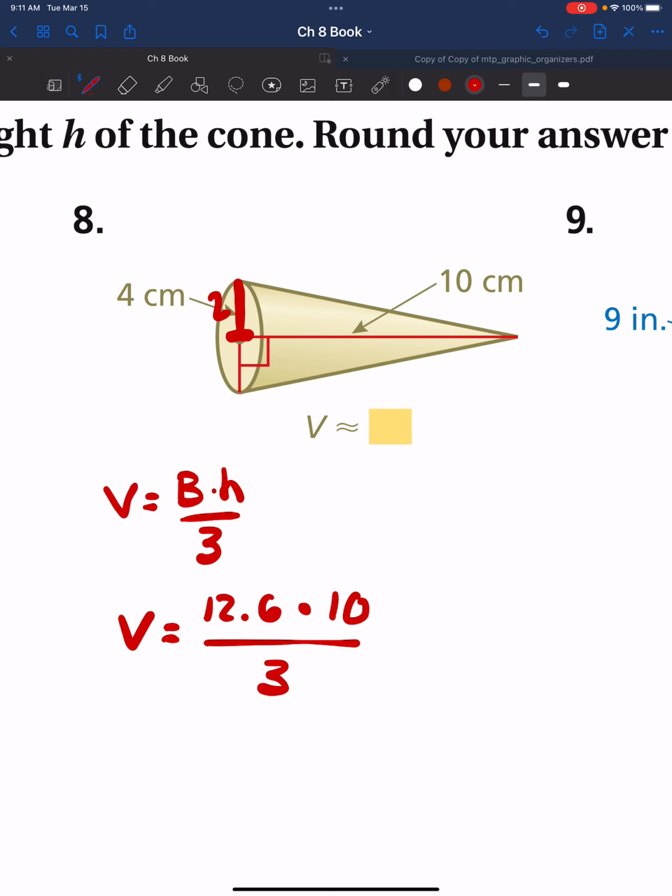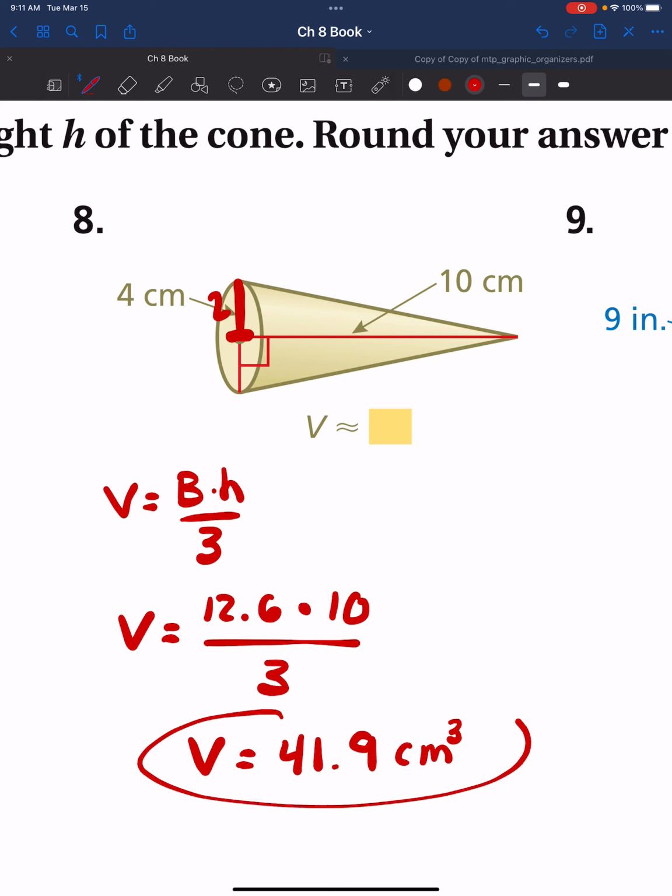I still got 12.56637, whatever. I'm going to take that times 10, and then I'm going to divide it by 3. After doing that, the volume is 41.88, which would bump that up to 41.9. Label it correctly, centimeters cubed. And then circle your answer.